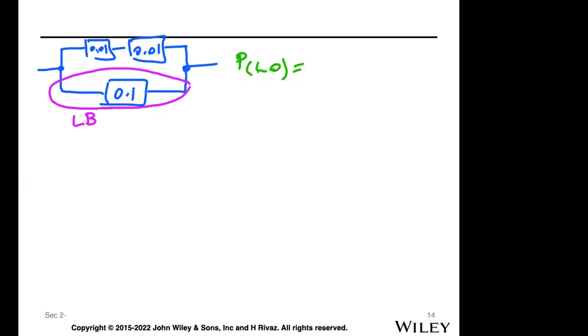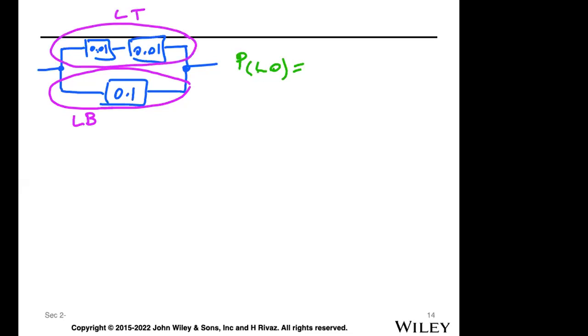Again, I have to decide between operate and fail, right? So what is the probability that the left part operates? Either one of these two has to operate, so perhaps it's better to calculate the probability of failure and then subtract from one, because it's either one of them. I call this one the left bottom part and this one the left top part.